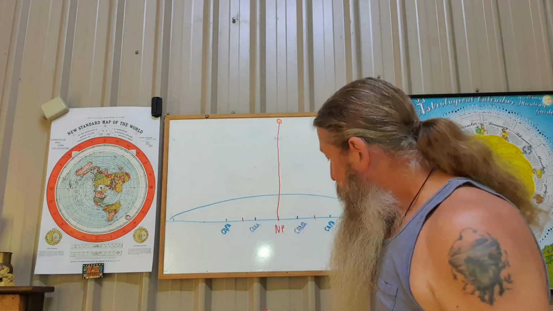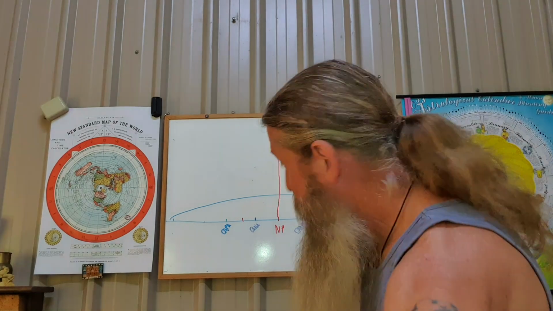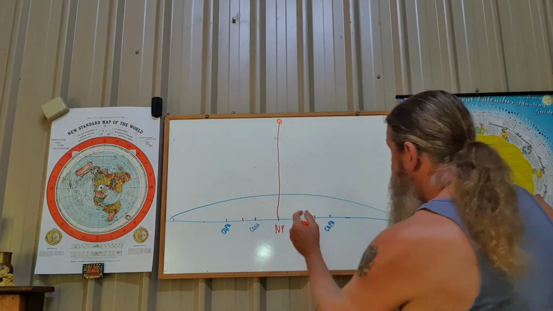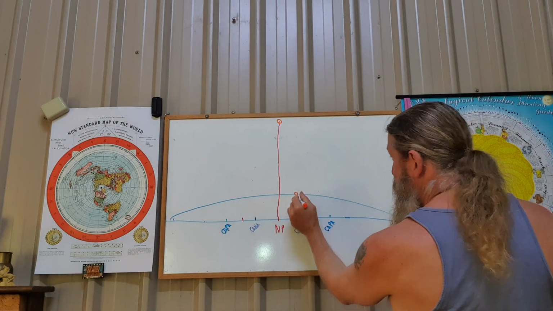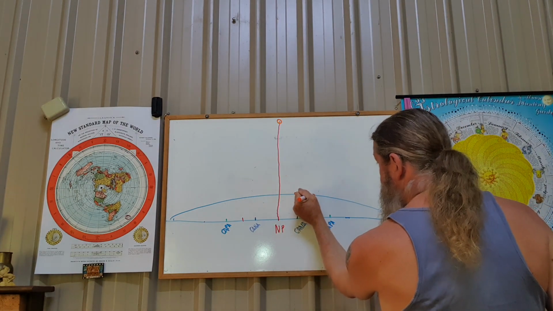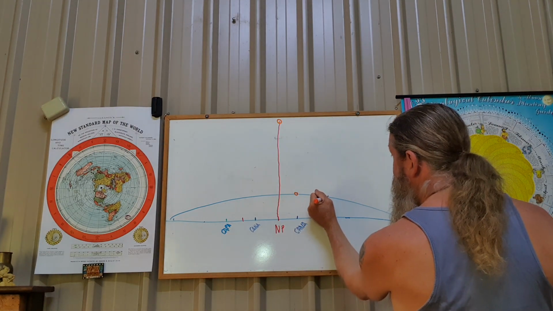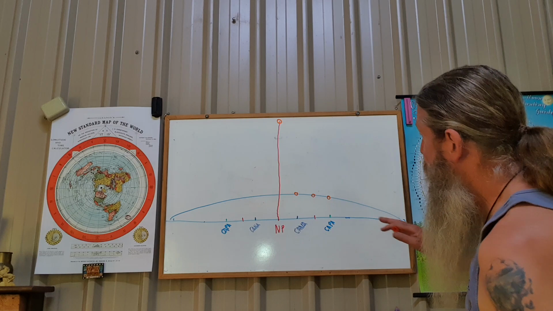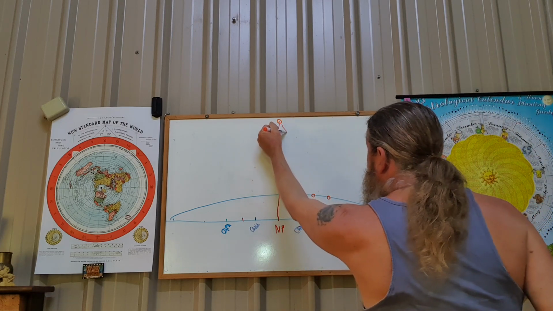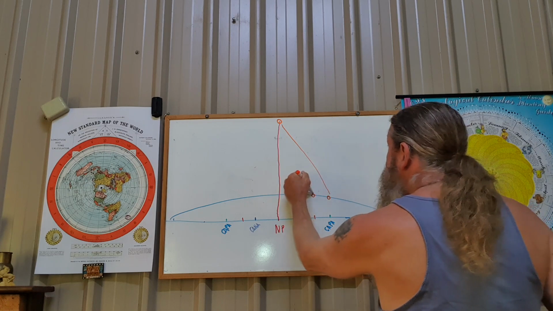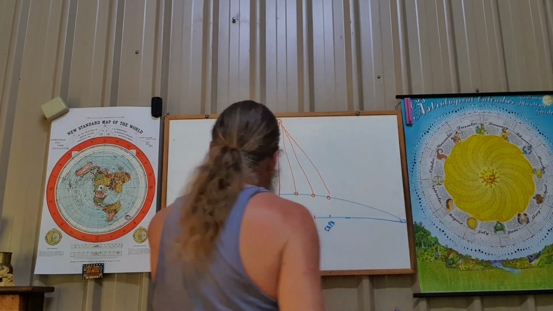Because if we look at the sun hitting here on the Tropic of Cancer, hitting here on the equinoxes, and hitting here on the Tropic of Capricorn, what we basically can do is draw lines directly to the center, and we'll do it here as well.